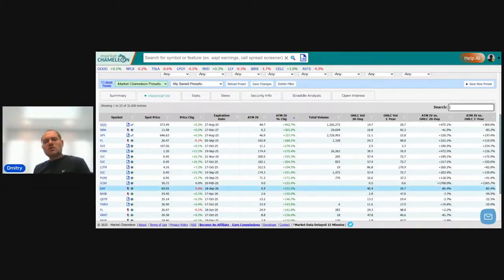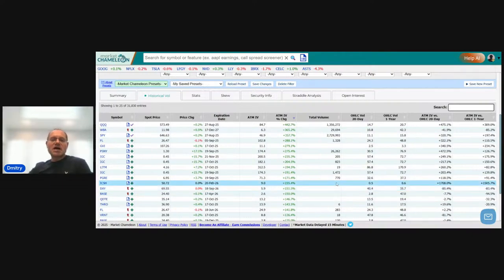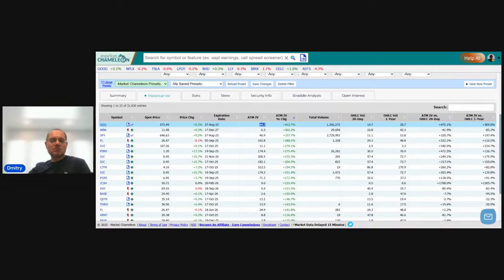So what we're going to do here is compare the implied volatility, the at-the-money implied volatility, for each of these expirations to the historical volatility of the stock.